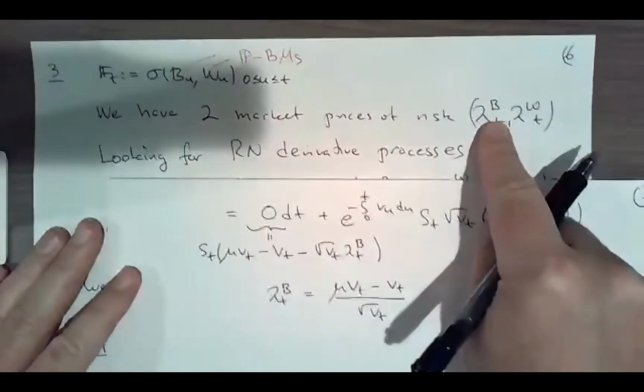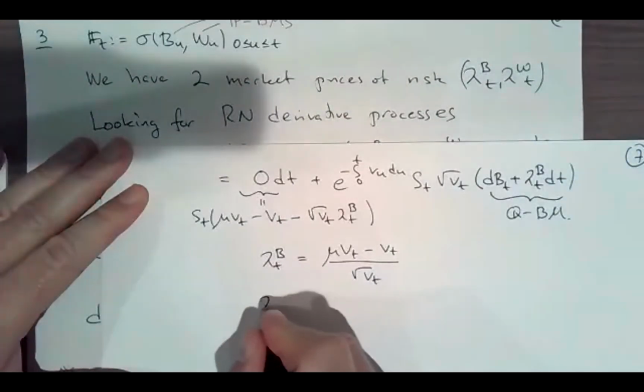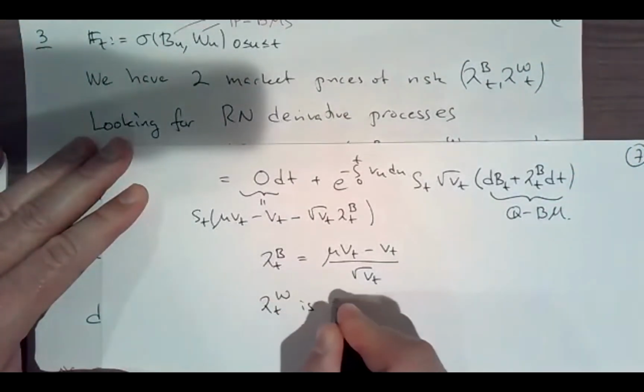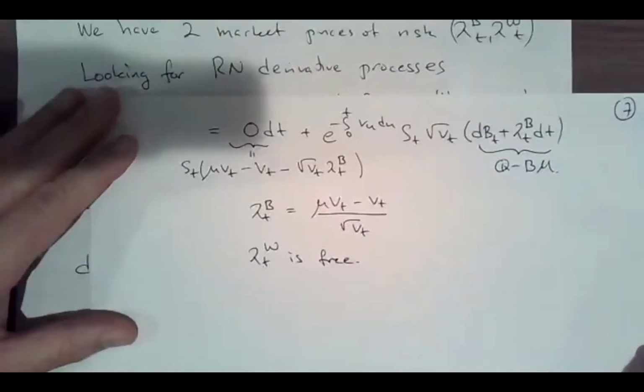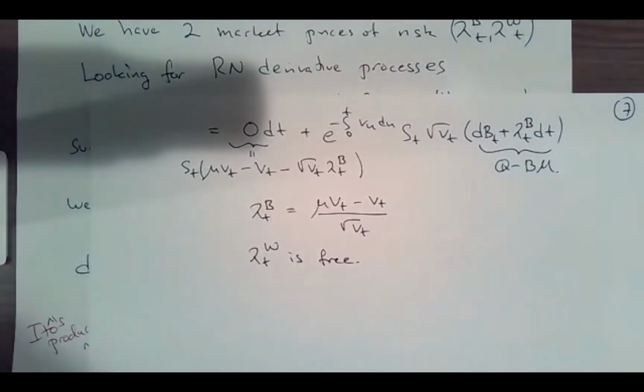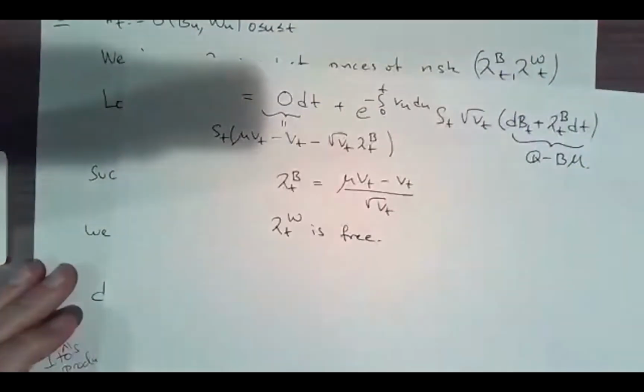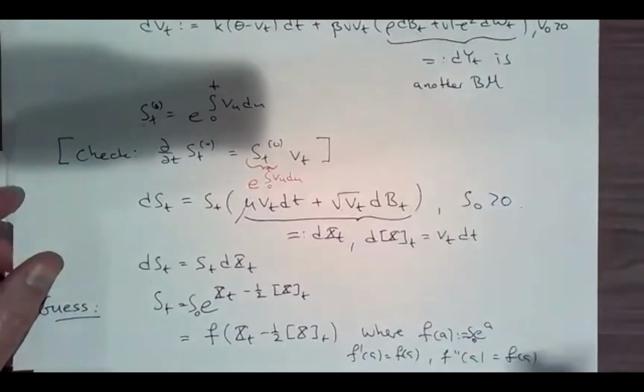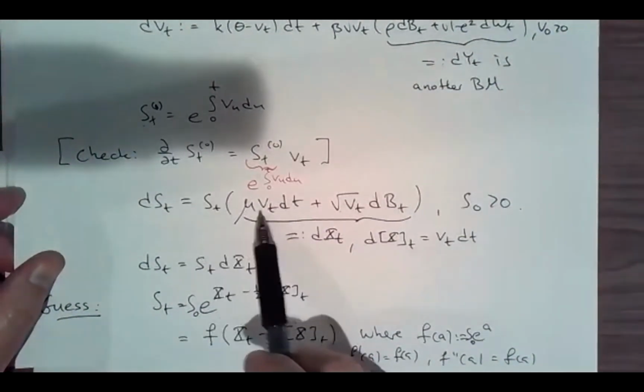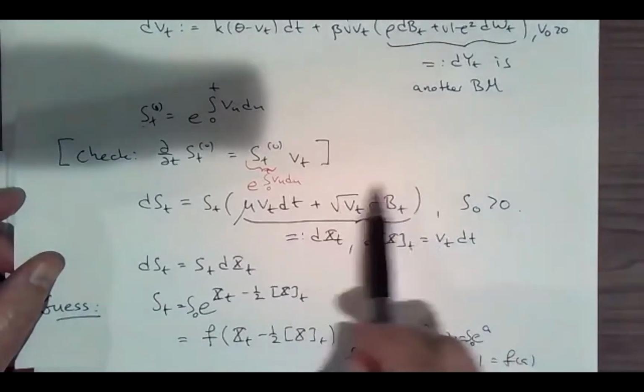That's going to give me what this is, and the other one is free. There's no restriction on it. The reason there's no restriction on the second one is because when you look at the stock price dynamics, there's no dW anywhere.